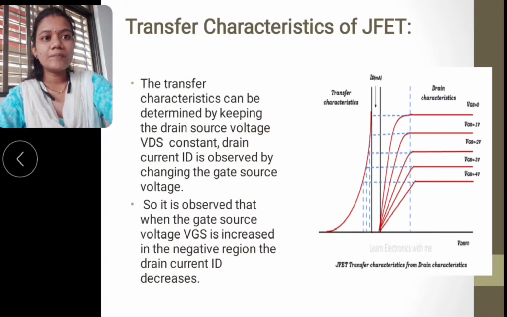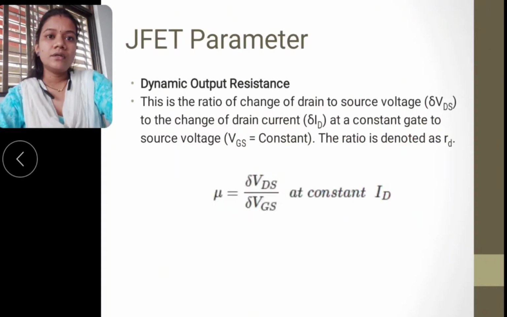Now next is the JFET parameters. In JFET parameters, one is dynamic output resistance. So what is dynamic output resistance? This is the ratio of change in drain to source voltage, that is VDS, to the change in drain current, that is ID, at a constant gate to source voltage VGS.